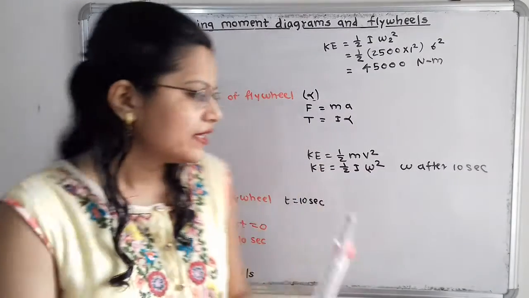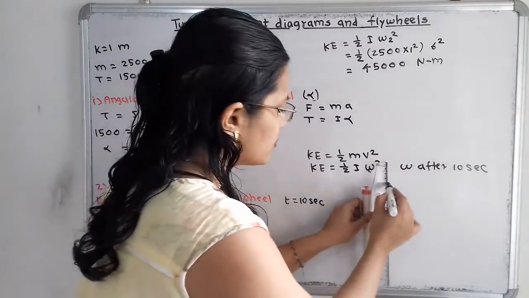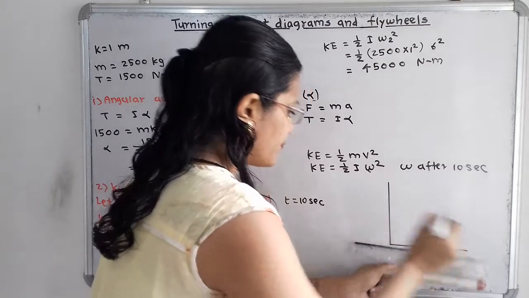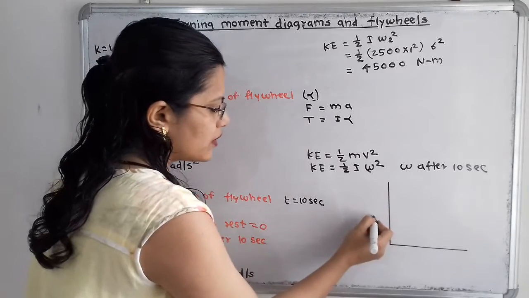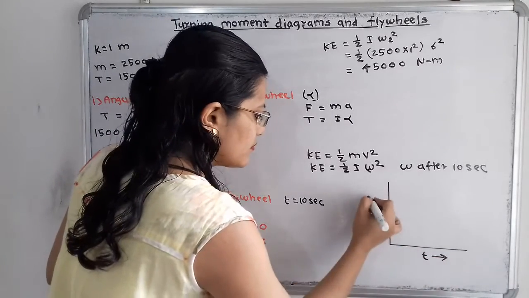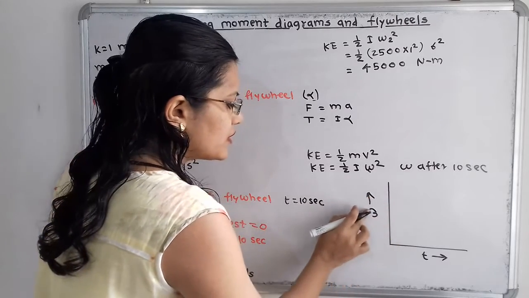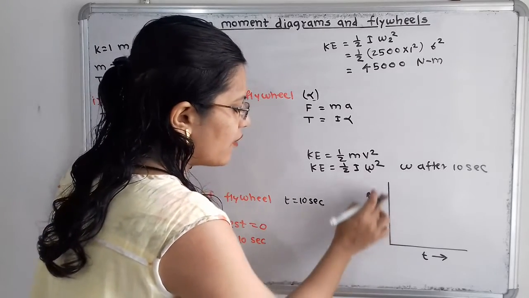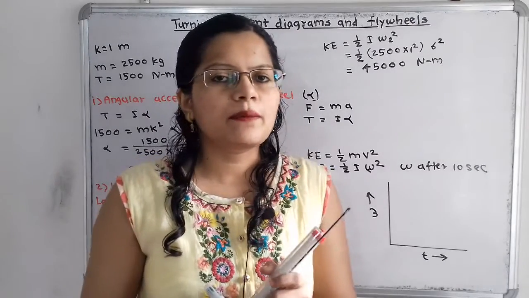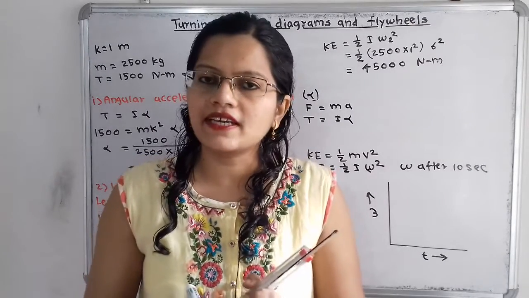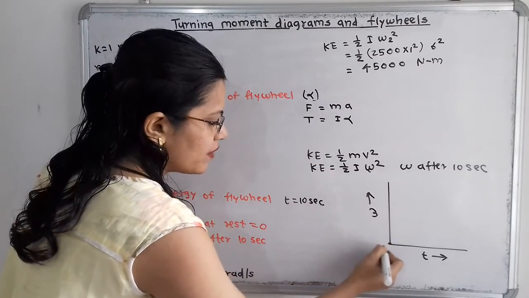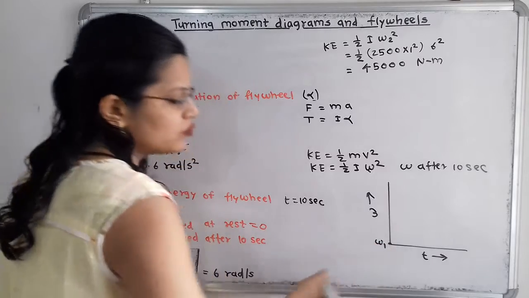So we will first understand the graph. The graph is for angular velocity versus time. Here I will plot angular velocity omega, and here is time t. We require omega after 10 seconds. At the start point, that is at time t equal to 0, omega is equal to omega 1.